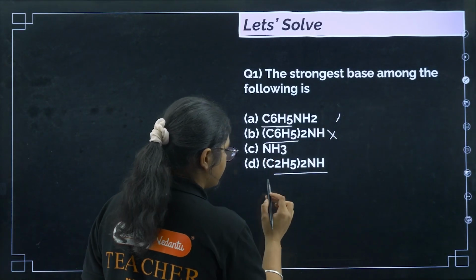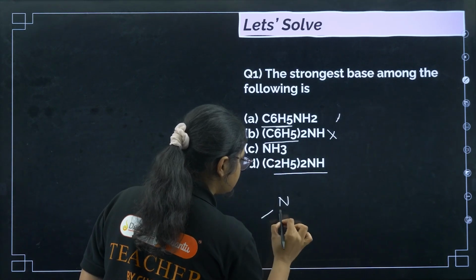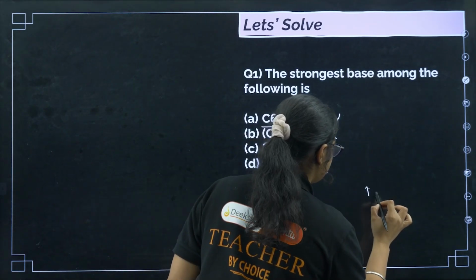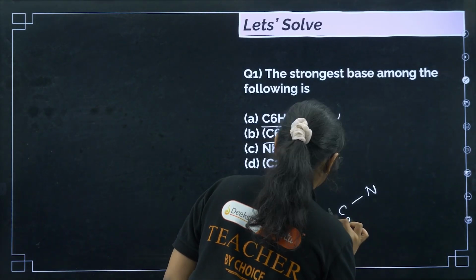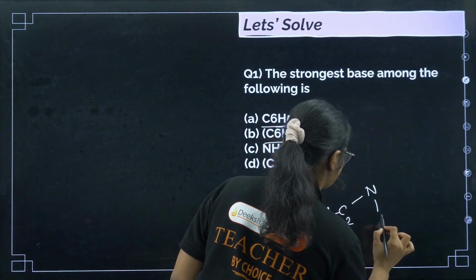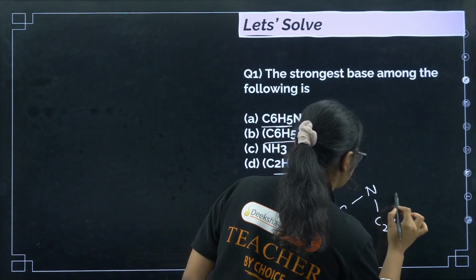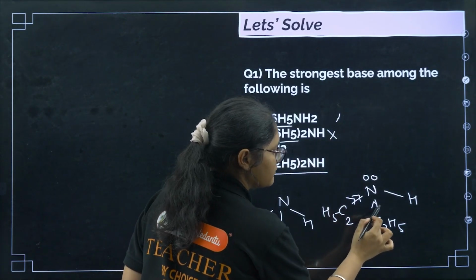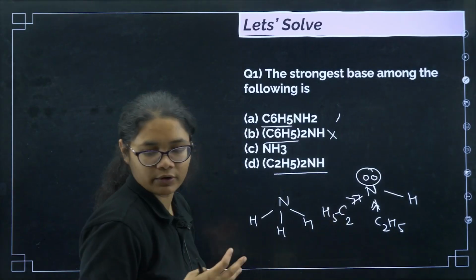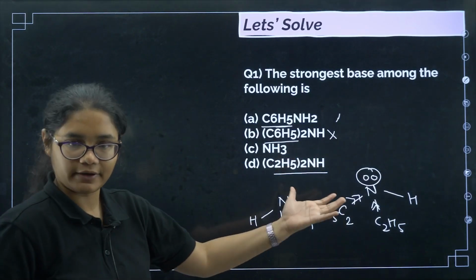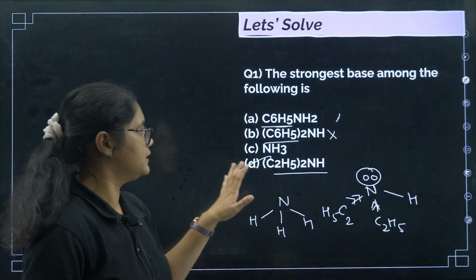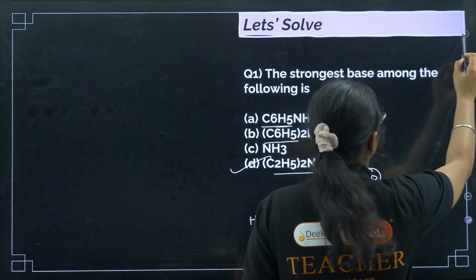But if I see here, in C and D, one H is there, and here I can find 2 C2H5 groups. Now this one will donate, this one will donate, so basically here there will be more electrons to be donated, right? So that is why this one will be more basic. Option number D will be the correct answer here.